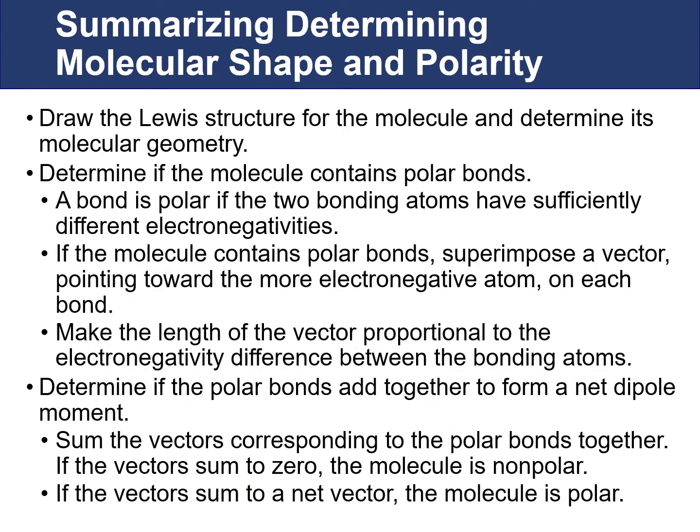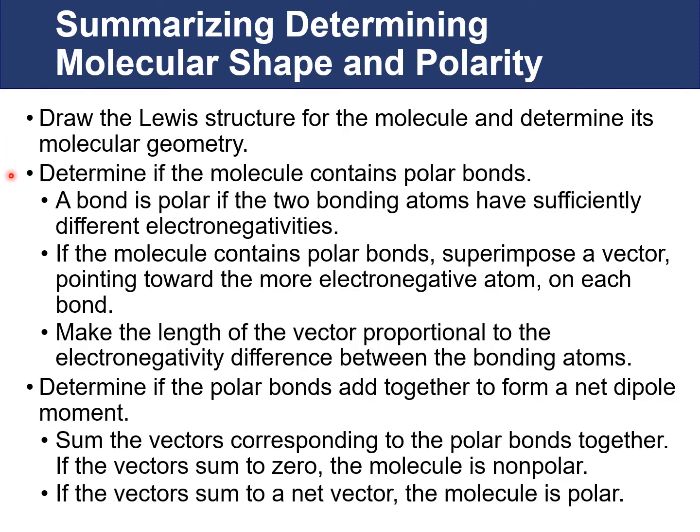So how can we determine whether a molecule is going to be polar or nonpolar? We had an example of carbon dioxide, which though it had polar bonds, itself was nonpolar, and we had water, H2O, which has polar bonds and is polar. The way that you can tell whether a molecule is polar or not is to first draw the Lewis structure for the molecule and determine its molecular geometry.